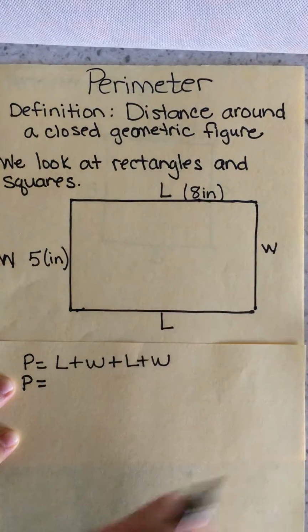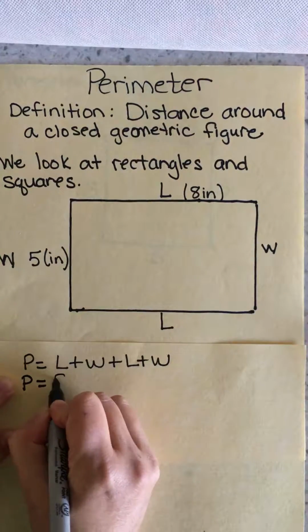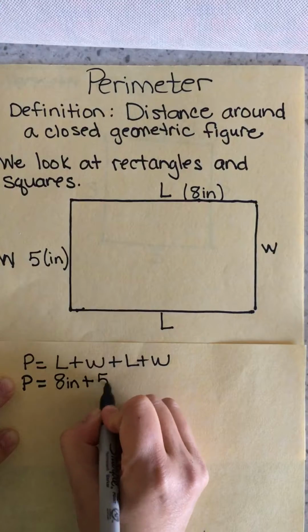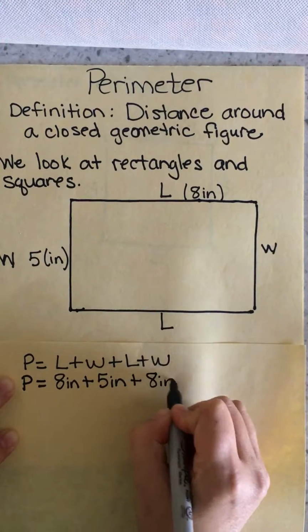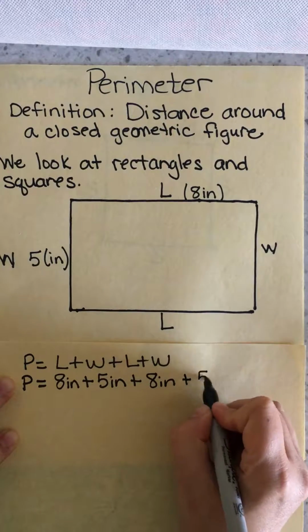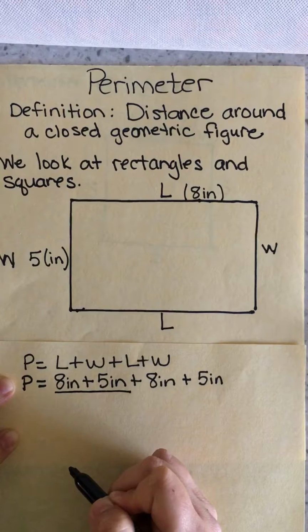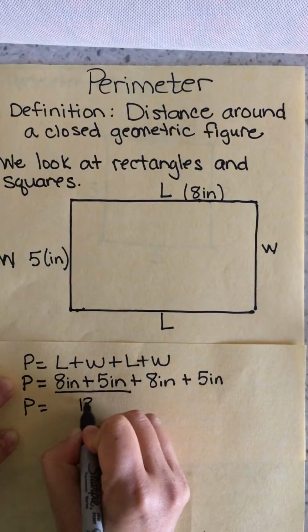Well, in a rectangle, opposite sides are equal, and we know that, so this is 8 inches plus 5 inches plus 8 inches plus 5 inches. So then all I would need to do is add this up. This would be 13, P equals 13 inches.